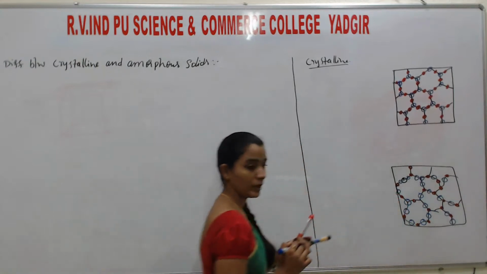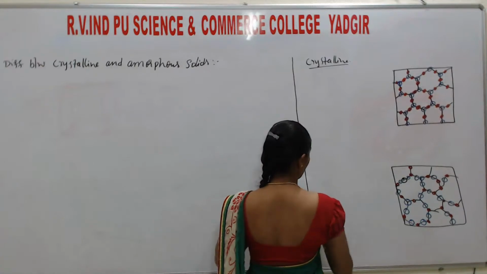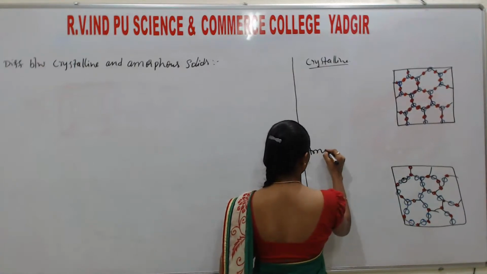This is irregular arrangement. So this is which type of solid? This one is amorphous.